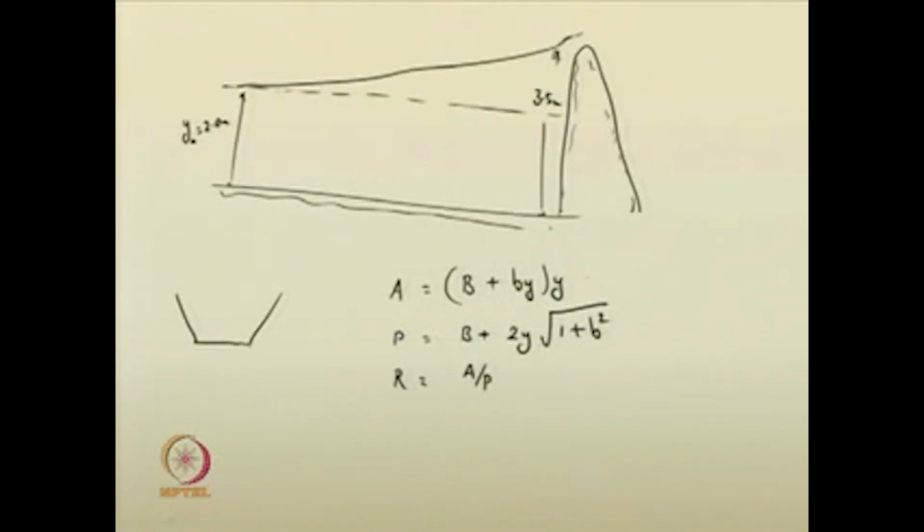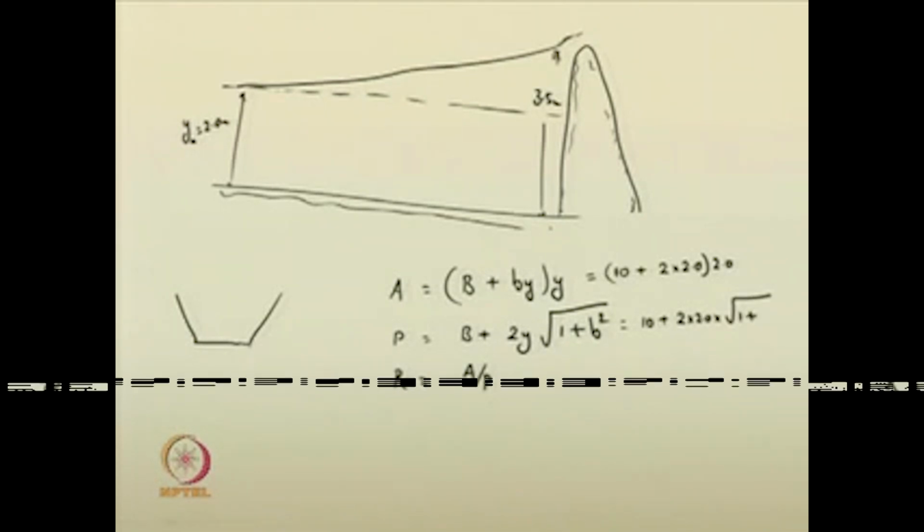A is equal to B plus b y, it is given to you. So, you know the quantities, 10 plus 2 into 2 into 2, this is 10 plus 2 into 2 into 1 plus 2 square.